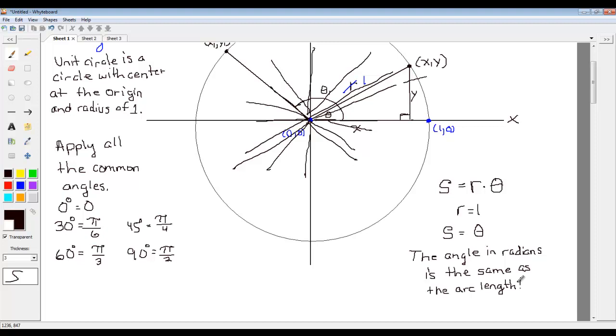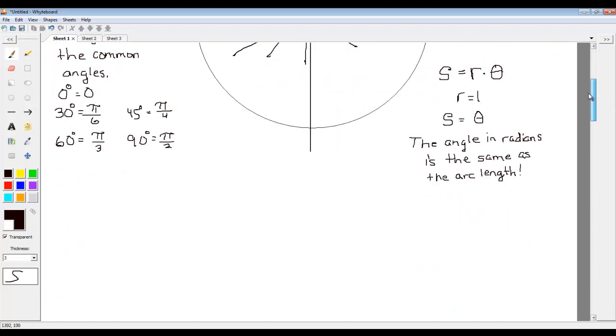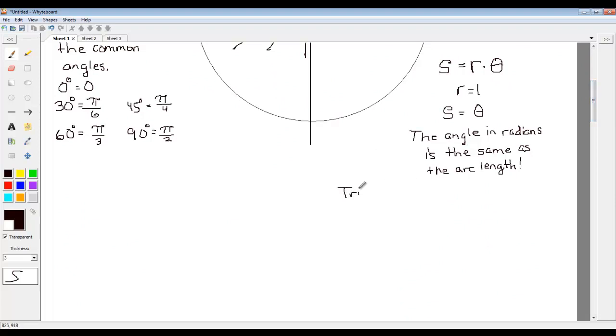And with that fact, we can start talking about the trig functions as circular functions, when we're looking on the circle and when we're doing everything in terms of the arc length.